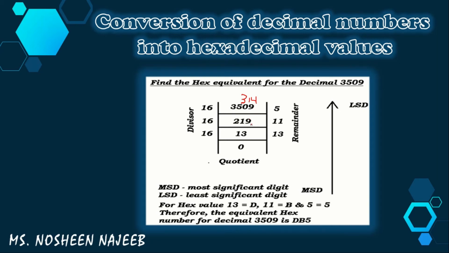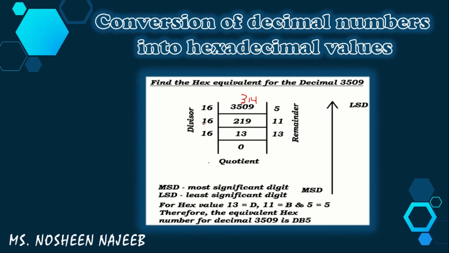Then we will solve it: 16 9s are 144, and the remaining we have is 5 over here. We write the remaining 5 into the remainder column.